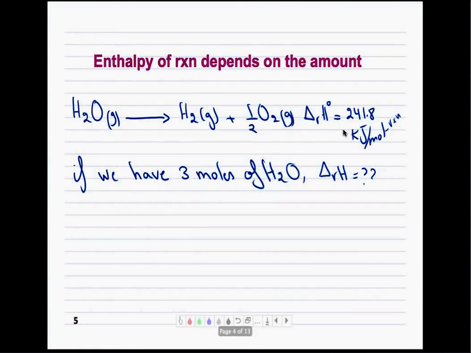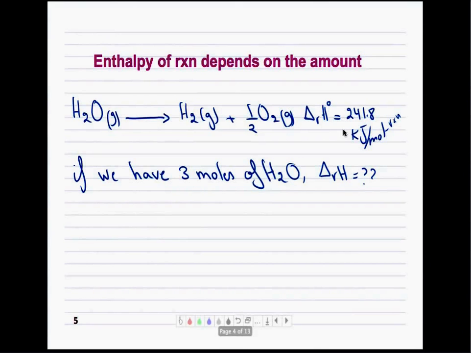If I'm heating 1 gallon of fuel, definitely it's going to give me a different amount of heat than heating, for example, 1 gram or 1 liter of fuel. So definitely the heat, the delta H, the enthalpy depends on the amount. So how am I going to solve this? It's going to start like this.